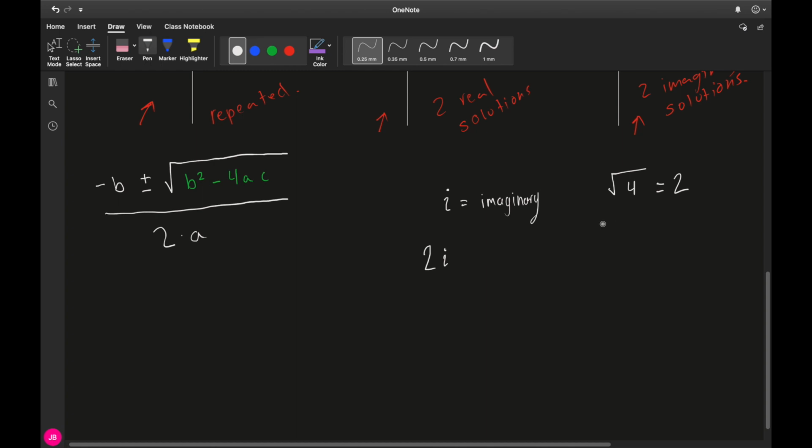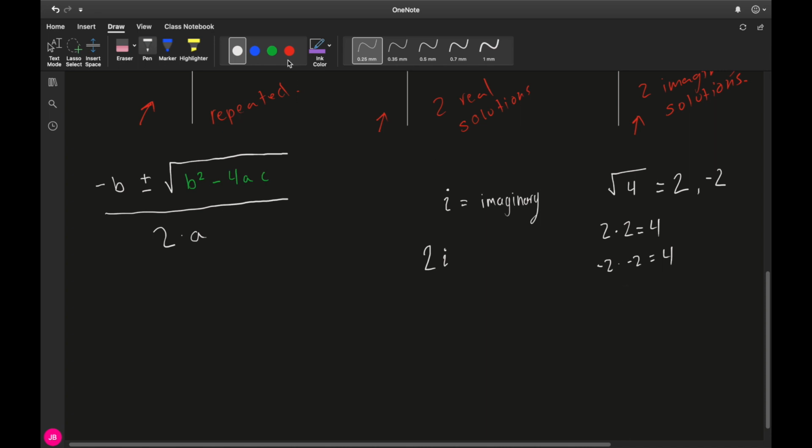And this is because 2 times 2 is equal to 4. But there is another answer. And the other answer is also negative 2. Because negative 2 times negative 2 will also equal a positive 4. This is because a negative times a negative will always give you a positive.